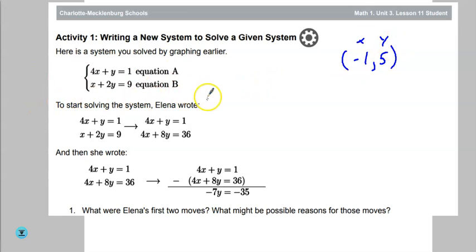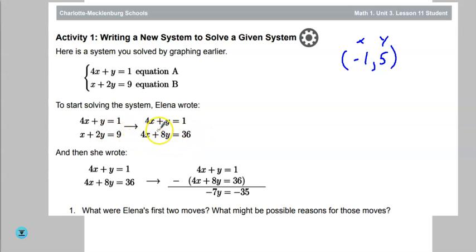So to start the system of equations, Elena wrote the original one, 4x plus y equals 1. The bottom equation changed to 4x plus 8y equals 36.